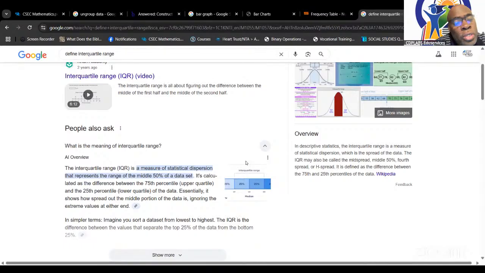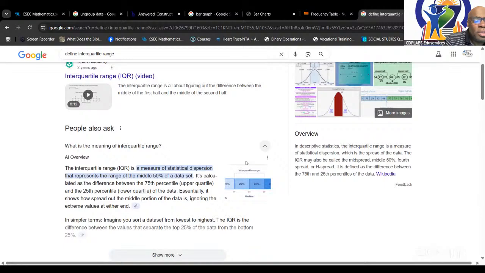This has to do with the cumulative frequency curve. So normally when I ask you about the IQR, you have to have a frequency curve. So you find the 75% upper quartile and the 25% lower quartile. When you find those two results, you're going to subtract them and you will get the interquartile range.